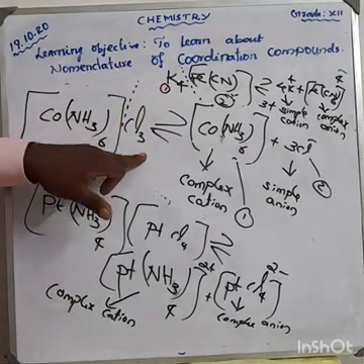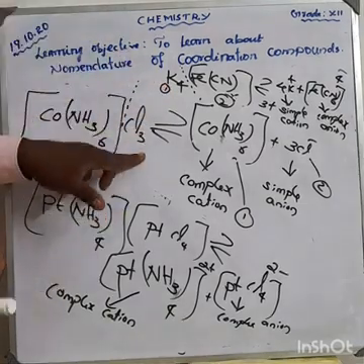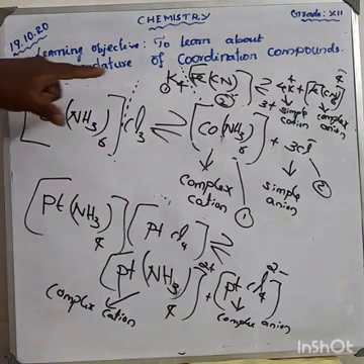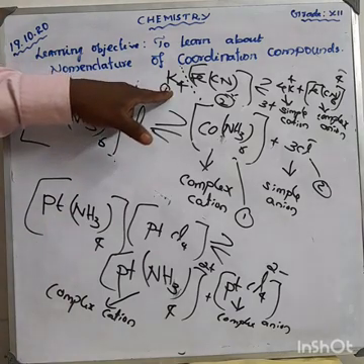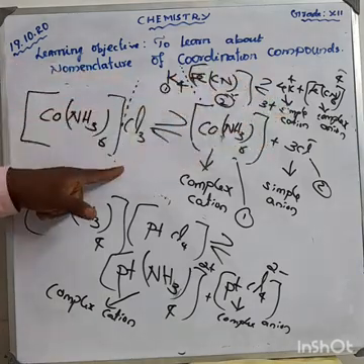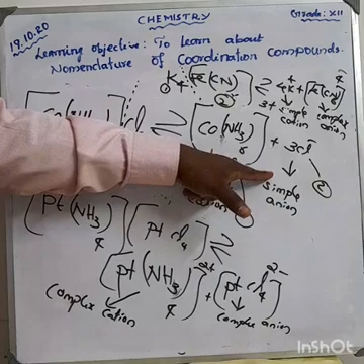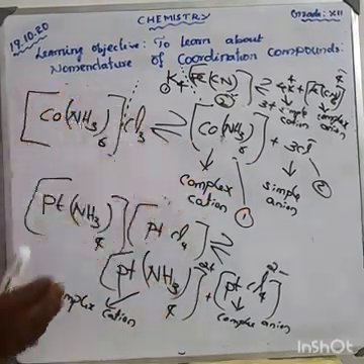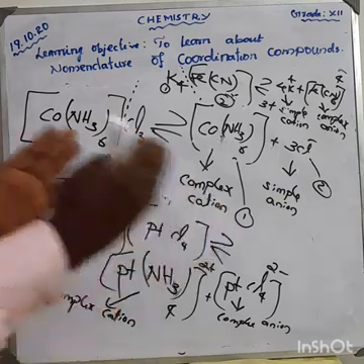The second equation, which one is the cation? The third equation, which one is the cation? The first one is a simple cation. The second one is what? The second one is a simple anion. Clear? The third one, they are equally shared: there is a complex cation and a complex anion.